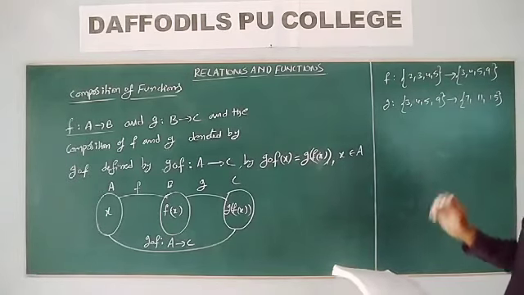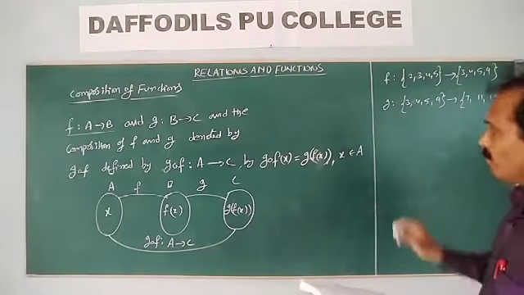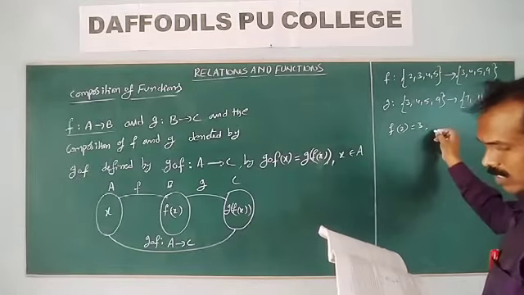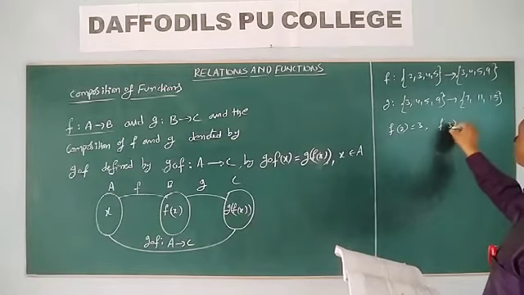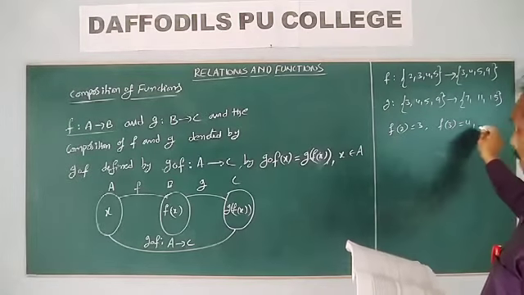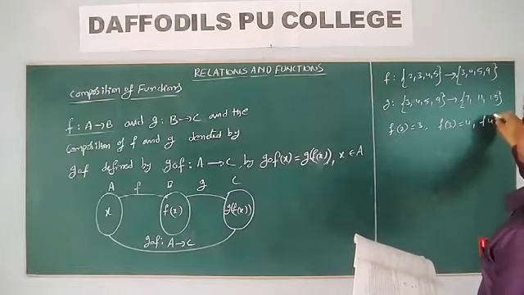So two functions are defined by the problem. We have defined f of 2 is equal to 3, f of 3 is equal to 4, f of 4 is equal to 5.